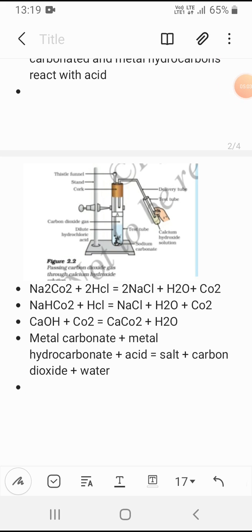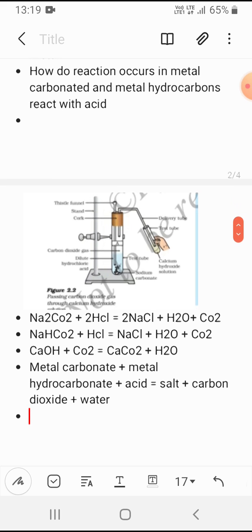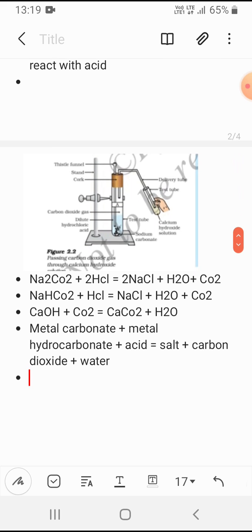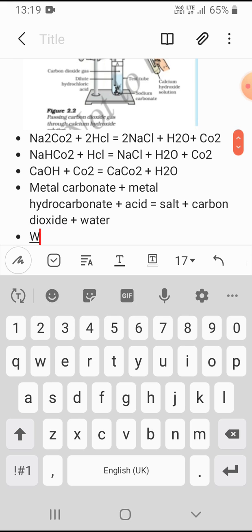If they ask you to write it, take any metal carbonate as in this example and do that reaction; you will get salt, carbon dioxide, and water. We learned how metal hydrogencarbonate reacts with acid to give water, carbon dioxide, and salt.